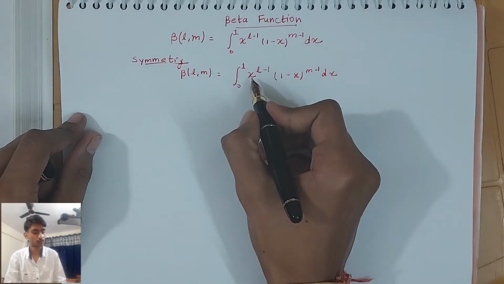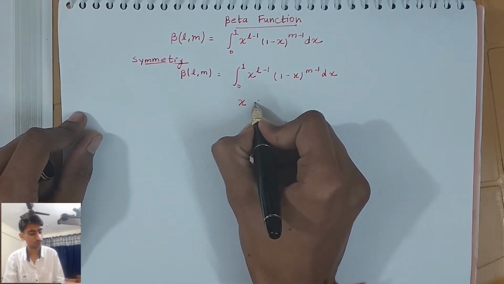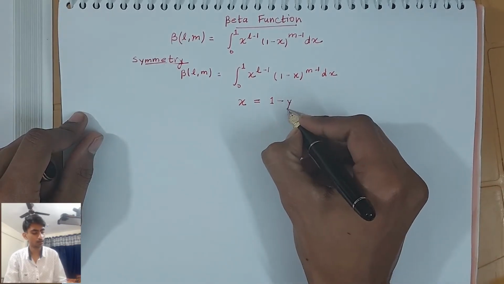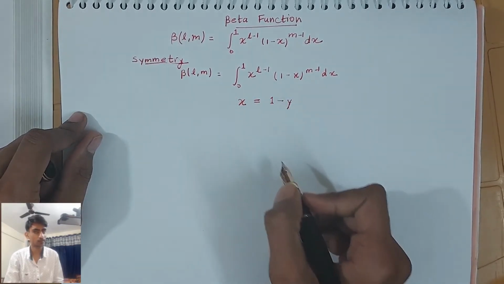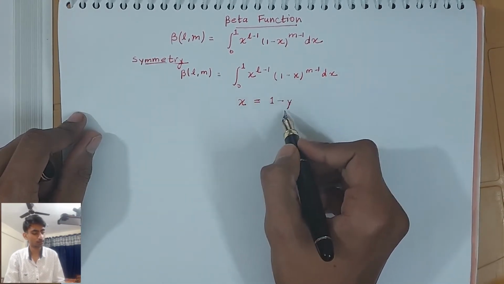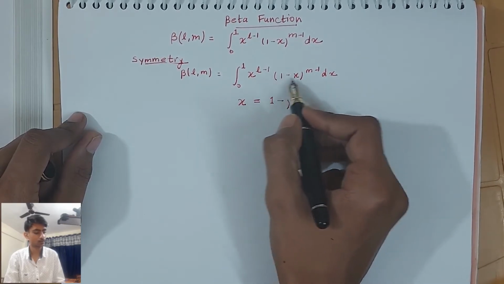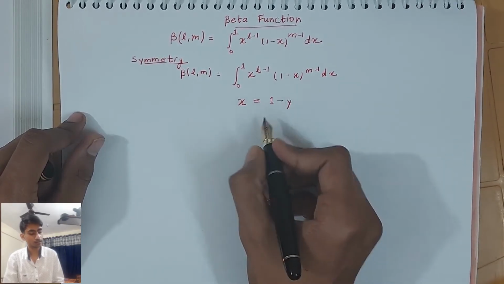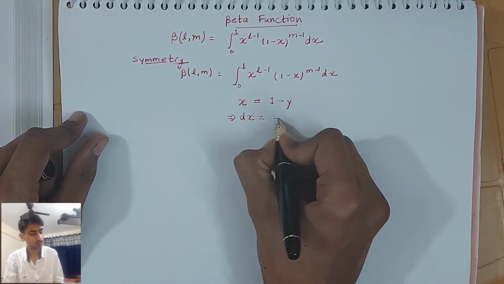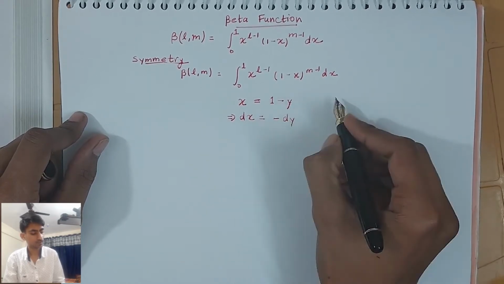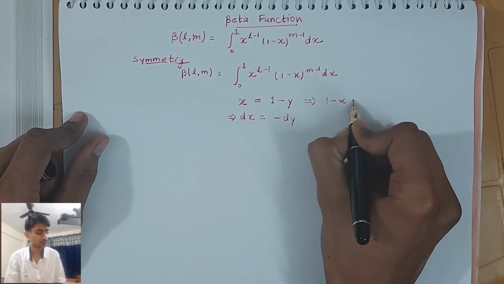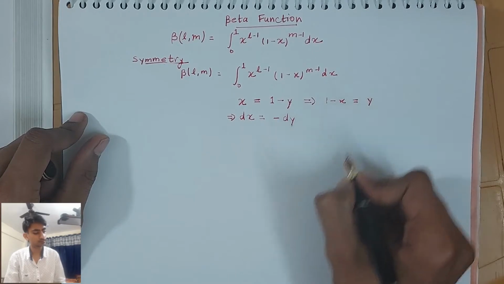So if we change x to 1 minus y, like if we are making x as 1 minus x, I am trying to do that. So if we change x to 1 minus y to make it resemble this term, then what will happen, that dx is equal to minus dy, and from here we can write 1 minus x is equal to y.